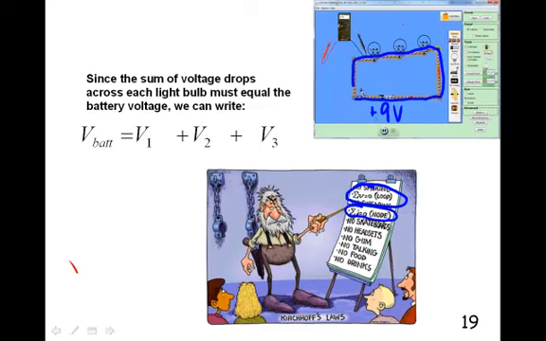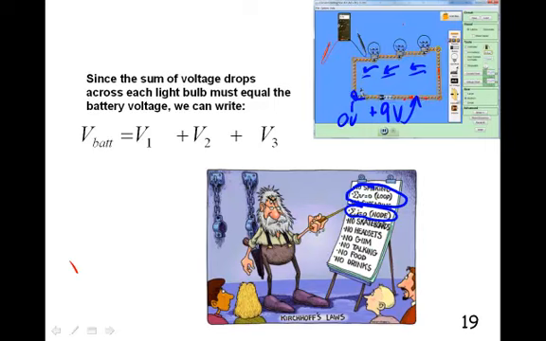So if you went plus 9 volts through your battery, that increases your voltage, then you're going to drop voltage across each element in the circuit, and eventually if you draw a loop in the circuit, you have to get back to 0. So if we start at 0 volts, we jump up to 9 volts because of the battery, then we're going to drop down to 0 volts again at this point.